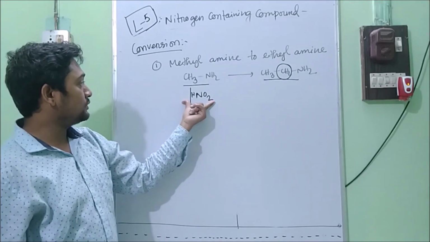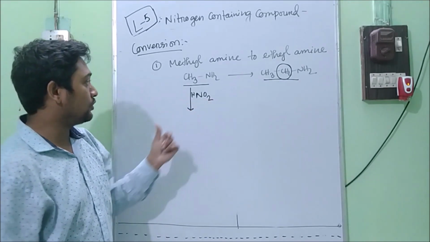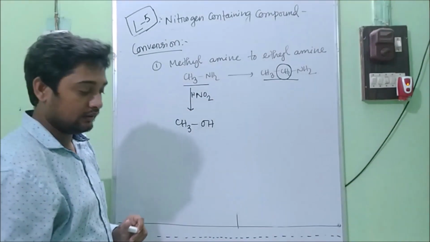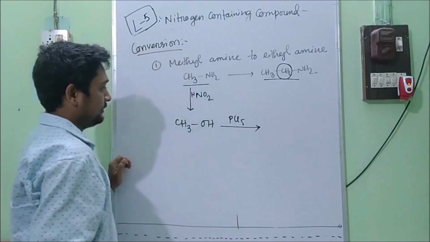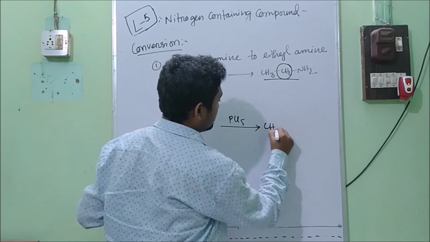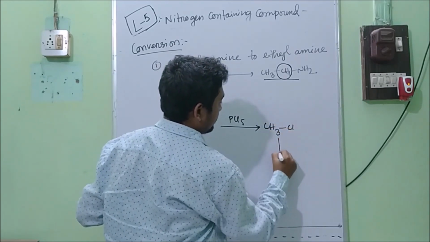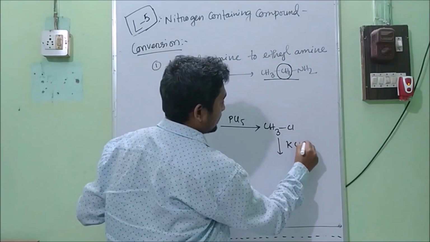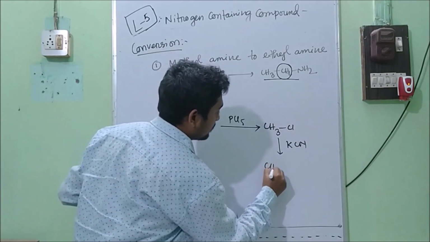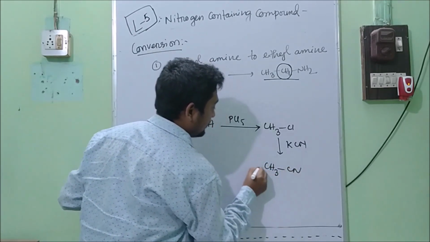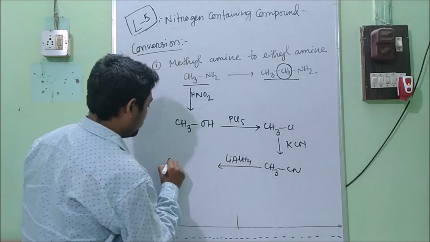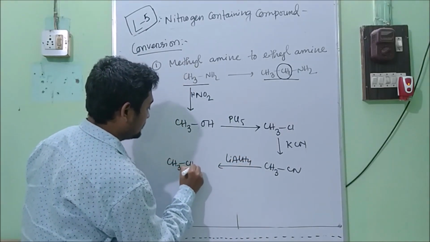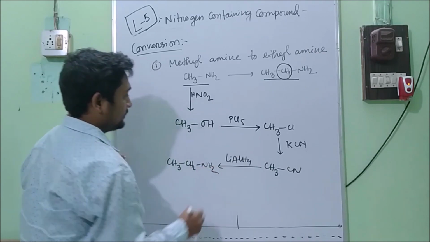If we use HNO2 reagent, it will convert into alcohol. Now if we use PCl5, then it will convert to CH3Cl. Now after using KCN, it will convert to CH3CN. Now if we use lithium aluminum hydride, it will convert into CH3CH2NH2.